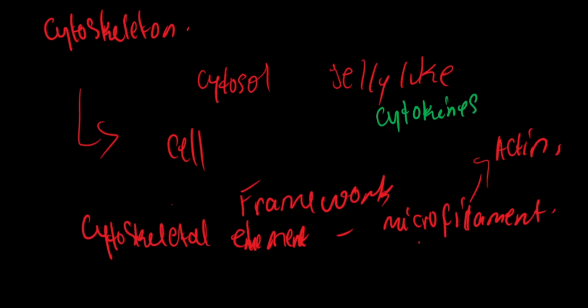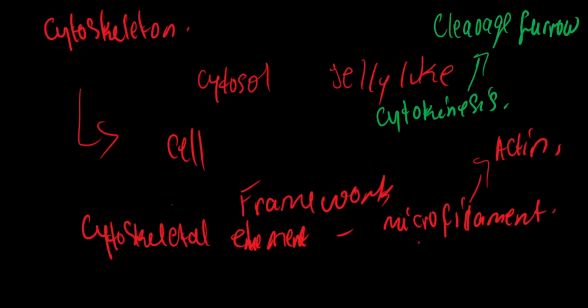In cytokinesis, which is a step in cell division, what we have is the formation of the cleavage furrow, which is this constriction midway of the cell in order to form two daughter cells. The actin filaments that form the microfilament play a role in this step of cytokinesis.